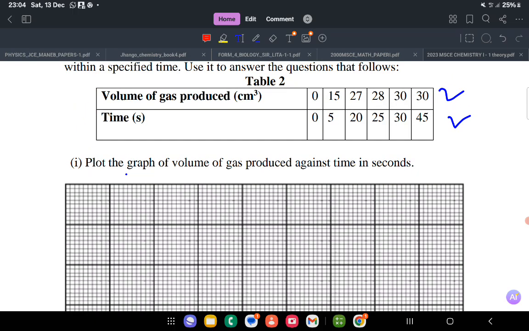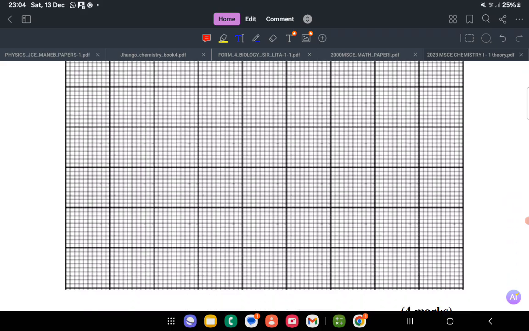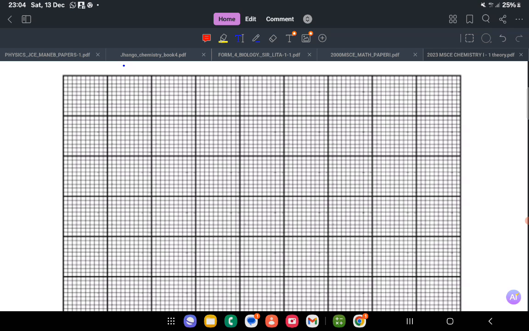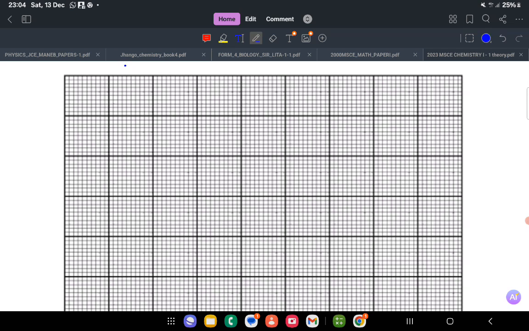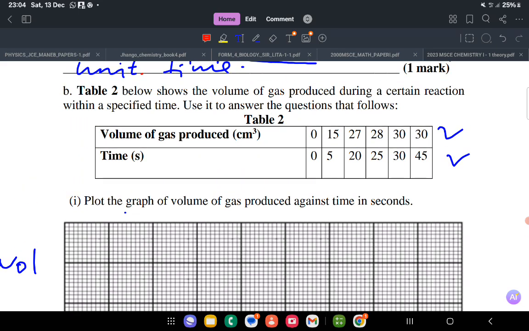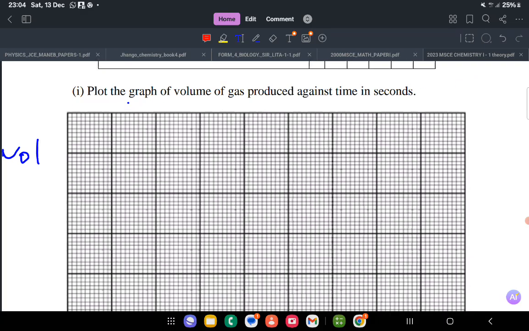Take note of the scale, the values which are going to help us decide on the choice of scale. All right, so first of all, let's label. The volume should be on the y-axis, and the volume is in units of cubic centimeters.